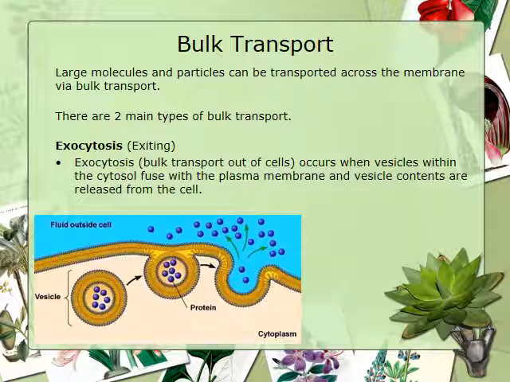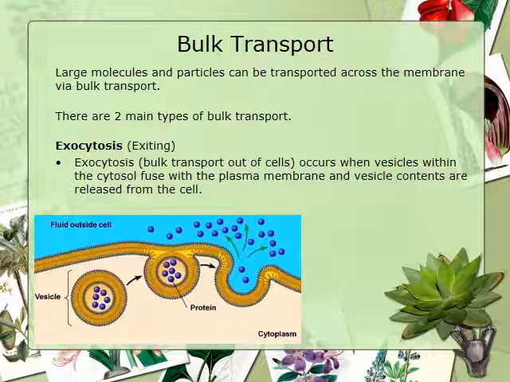In comparison to the diffusion processes we've just spoken about, larger molecules can still be transported across the plasma membrane, but they use this process called bulk transport. The first example of bulk transport is exocytosis, and this is used when particles or molecules are exiting the membrane.